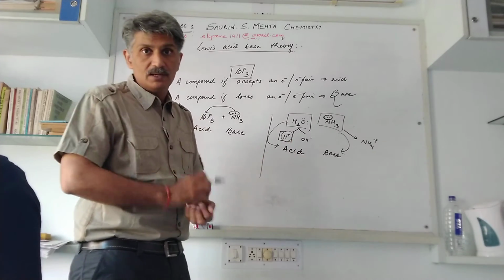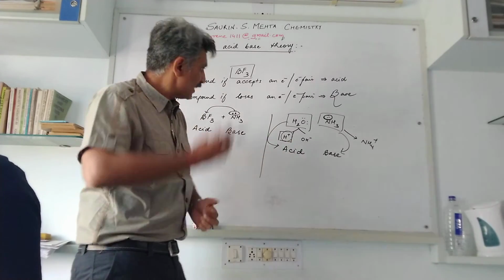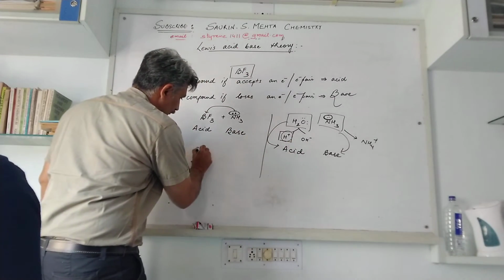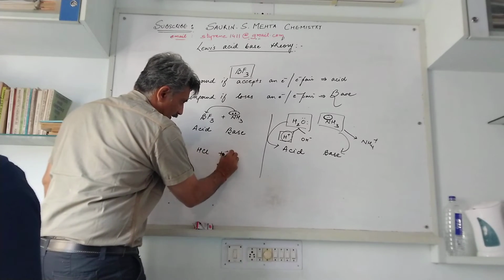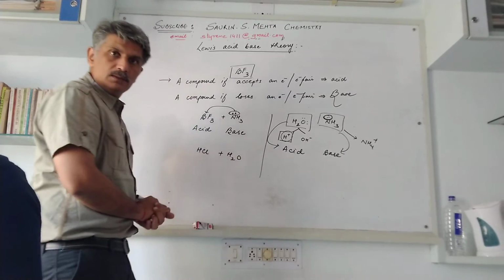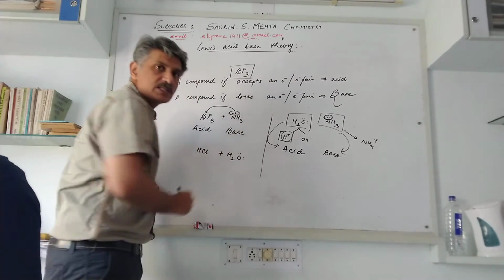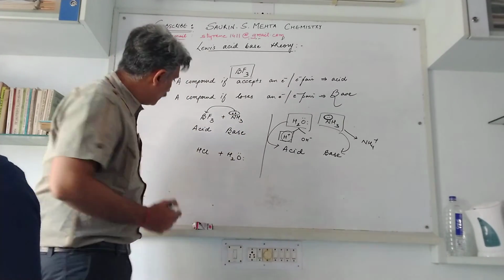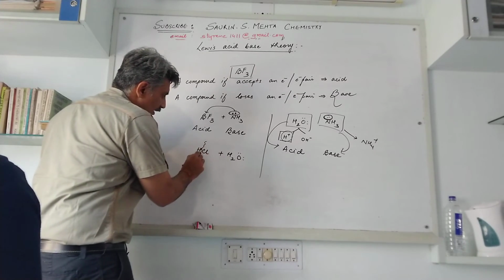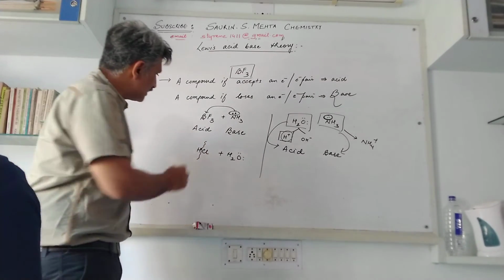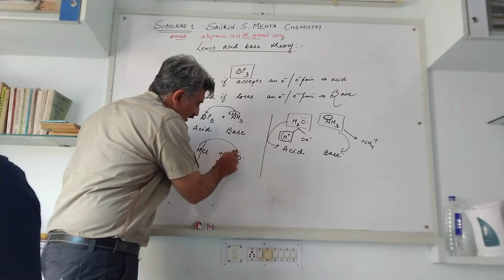Again, it differentiates. If you consider HCl and if you consider water, then this time this water, having oxygen which is having the lone pair, will attract the proton from HCl. So this time the proton of HCl gets attracted towards water.